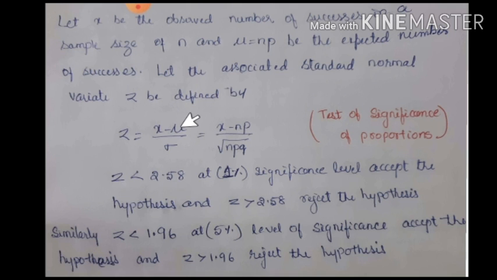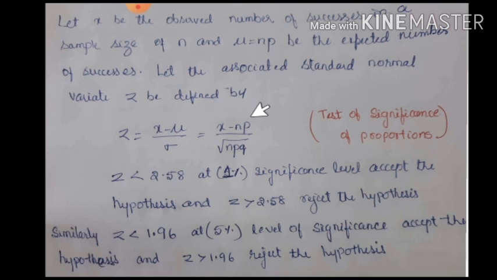Now the mean and standard deviation for a large sample: mu is nothing but np and sigma is nothing but square root of npq. So the Z quantity, in the case where the probability of success is available, we calculate Z using this formula.